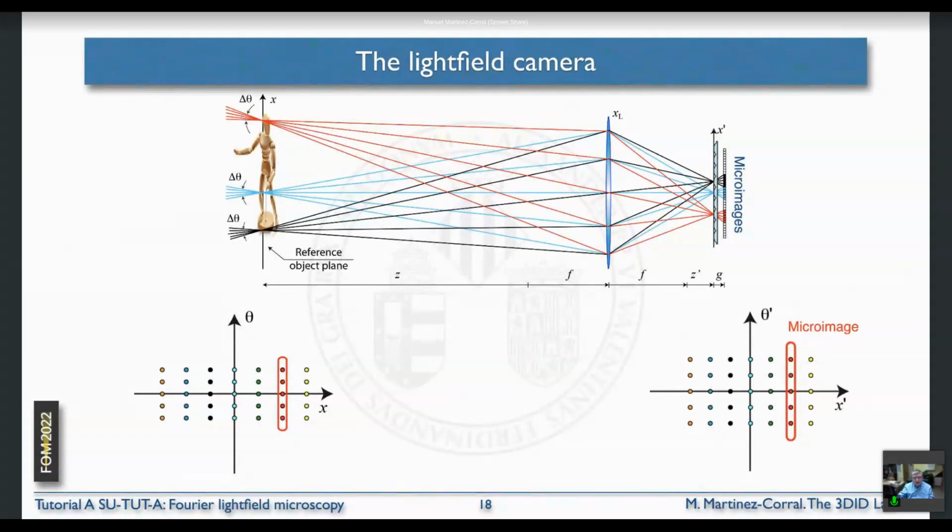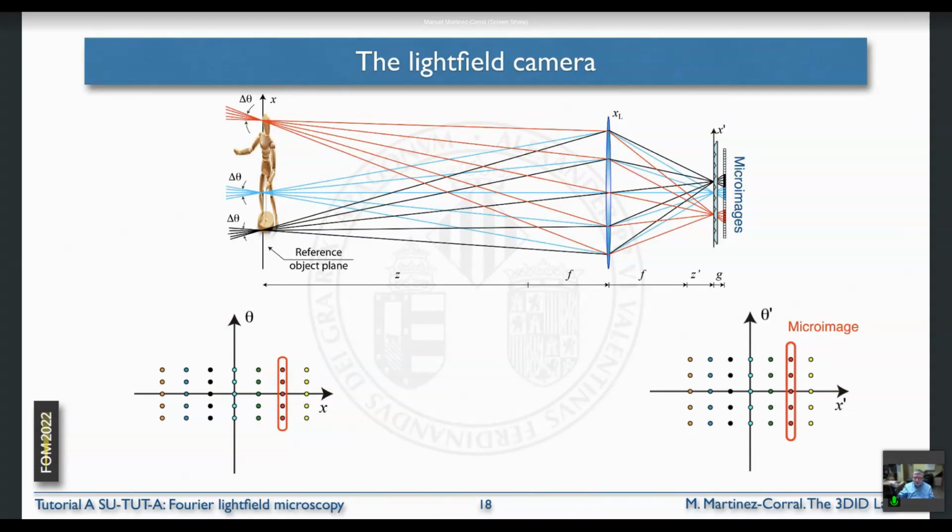For example, here spatial magnification is smaller than 1. So big space here is small space here. Conversely, the angular magnification follows the opposite rule. So here we have small angles, and here we have bigger angles. But apart from it, what we are collecting is a scaled version of what was emitted.